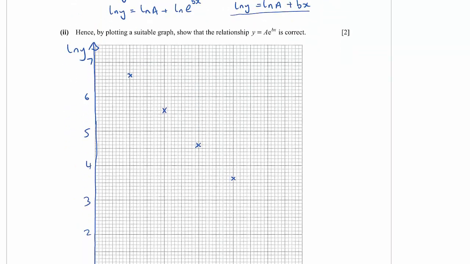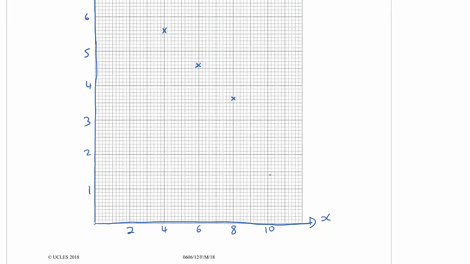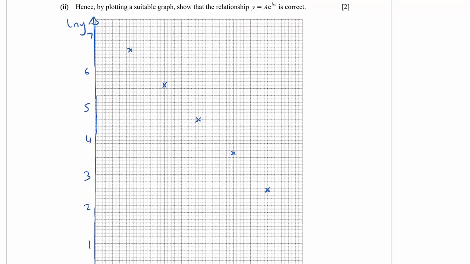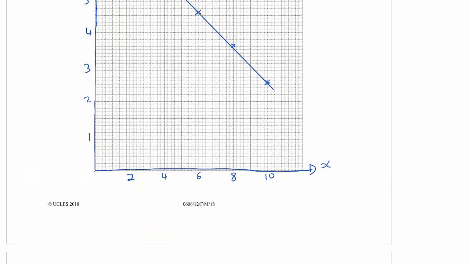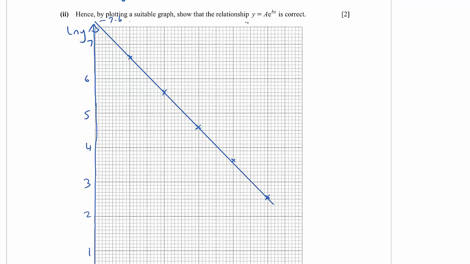And finally 10 and 2.56. And pretty much we can stick a straight line through those. Probably something like that. Well, that goes above my graph. Looking at all the y values we have, we can estimate that the intercept there is around 7.6. And the fact it's linear shows that this relationship is correct.